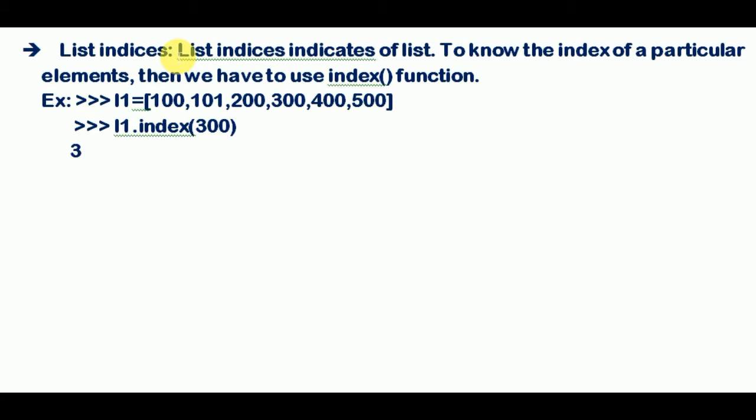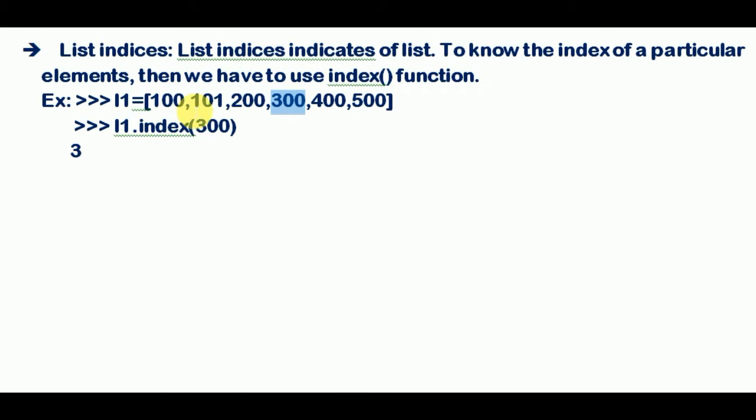Now next is list indices. List indices show the actual position of the elements which exist inside the list. To know the index of a particular element, we have to use the index function here. So L1 is a variable, and in this existing list we have to find the position of 300, at which position 300 exists.